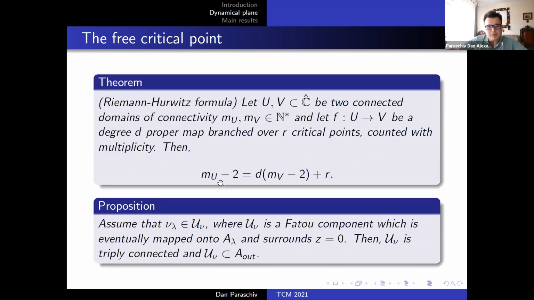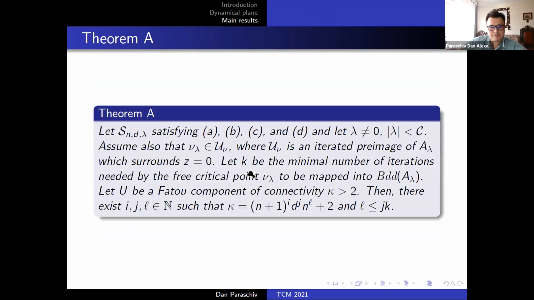By the Riemann-Hurwitz formula, it is clear that since the degree can always be multiplied by d, n, n plus 1, we can always increase the exponents of d, n, n plus 1. And the +2, of course, appears from this -2 from the Riemann-Hurwitz formula.